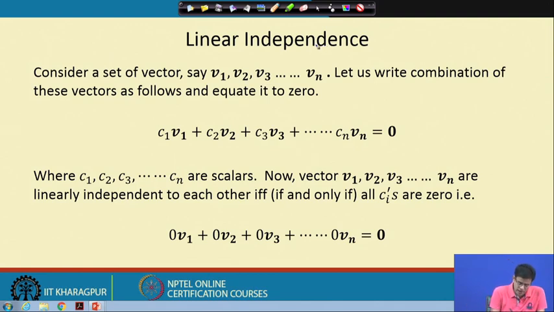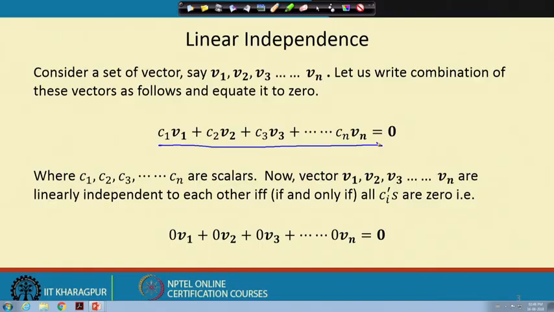For instance, I write C1 V1 + C2 V2 + C3 V3 + ... + Cn Vn = 0. Here C1, C2, C3, C4 and Cn are scalar quantities. For instance, if there is a vector 1 0 0, I multiply it with a scalar, say 1 or 2 or anything, -1, -2, something like that.